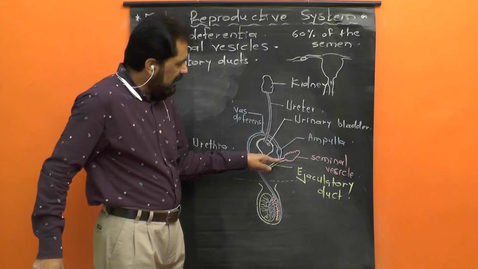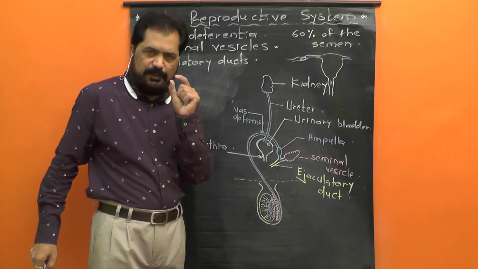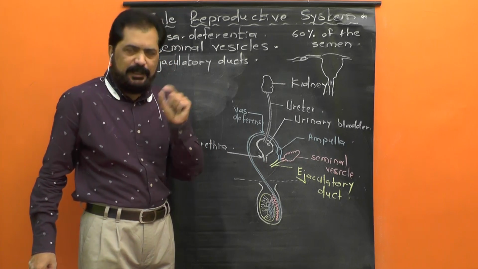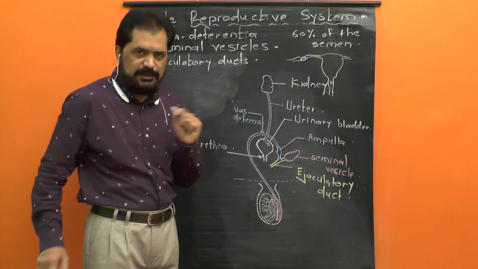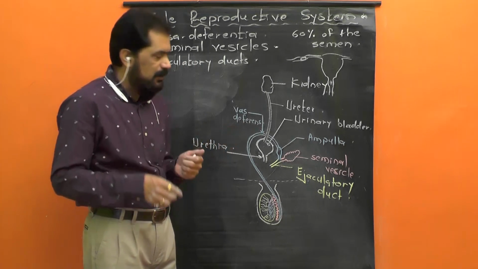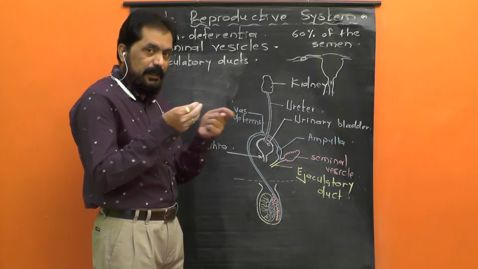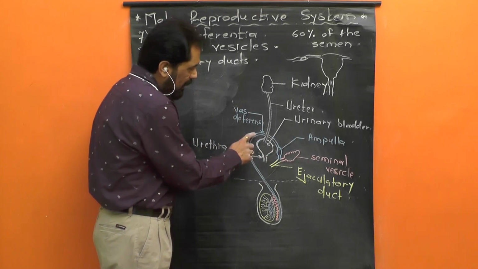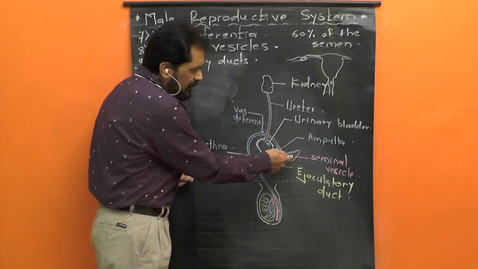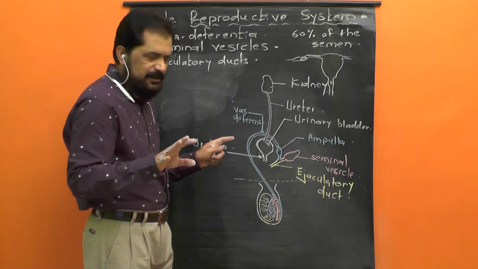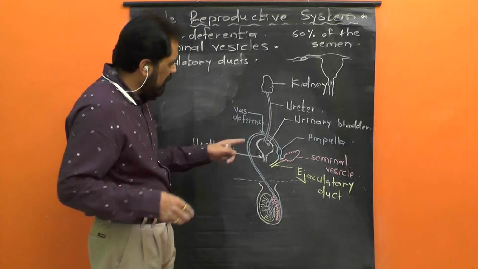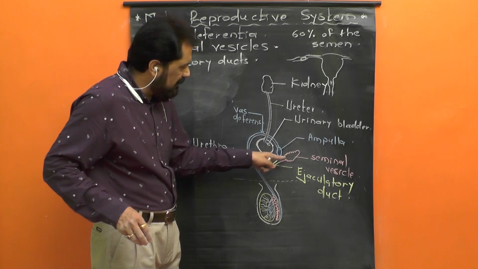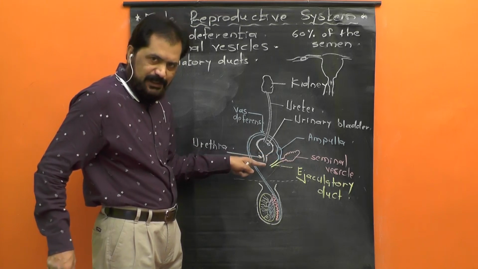Look, the ejaculatory duct is a very short and thin walled duct having a length of about just 2 to 2.5 centimeter, and it is formed by the union, by the joining of the vas deferens and the duct of the seminal vesicle, isn't it? Ejaculatory duct is formed by the joining of vas deferens and duct of seminal vesicle.